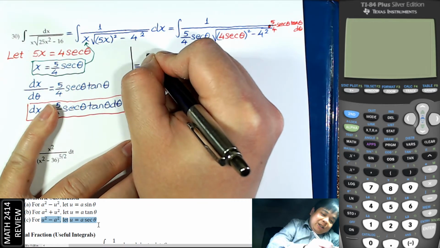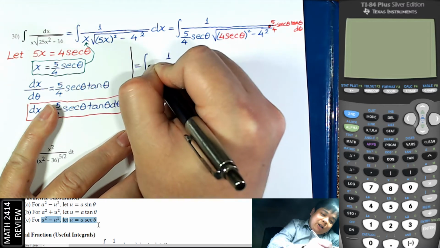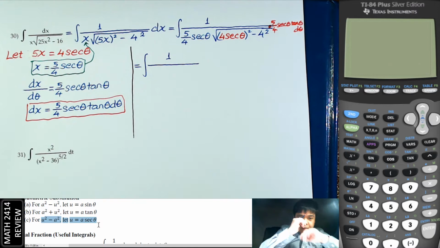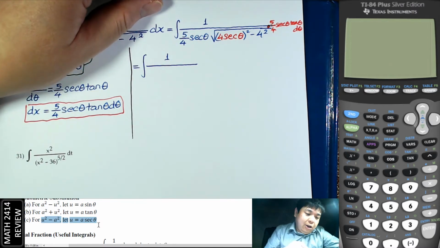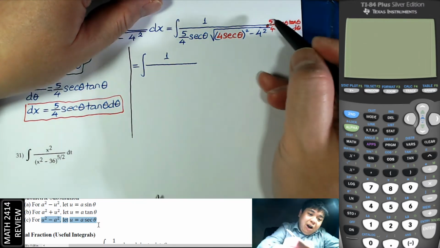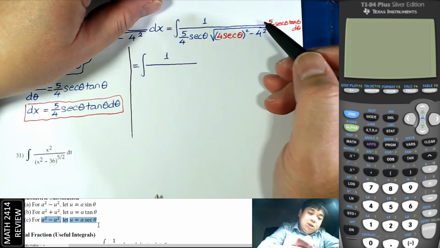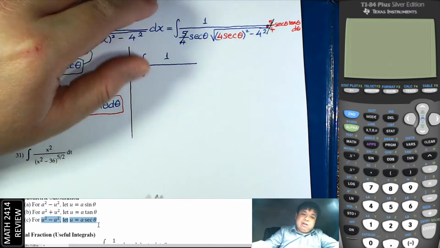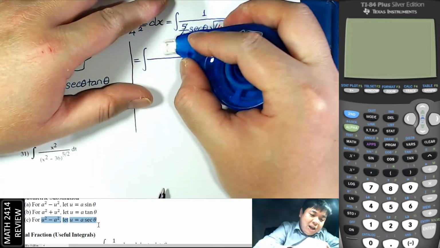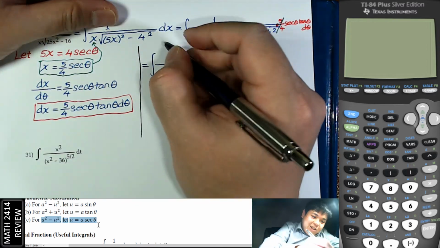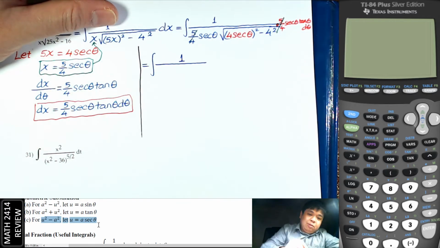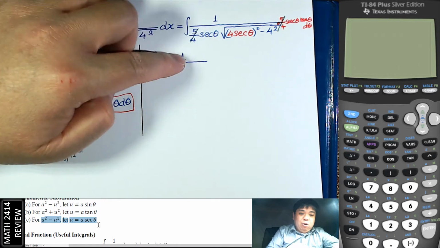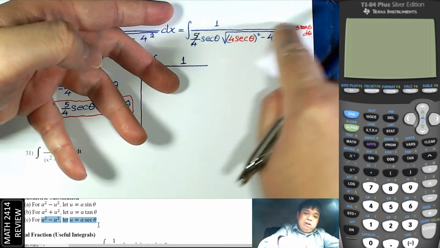Right. Notice that the 5 over 4 here and the 5 over 4 here do cancel out. So that is not as bad. Or we just multiply by the reciprocal. Divide by 5 over 4 is 4 over 5. 4 and 4 cancel. 5 and 5 cancel out.